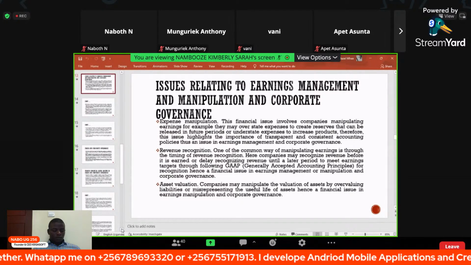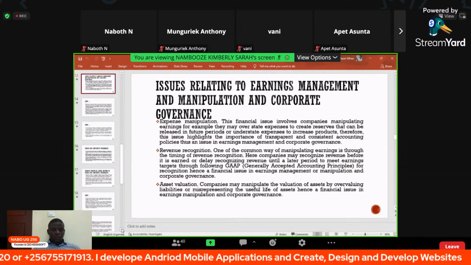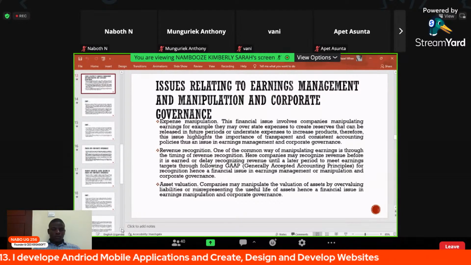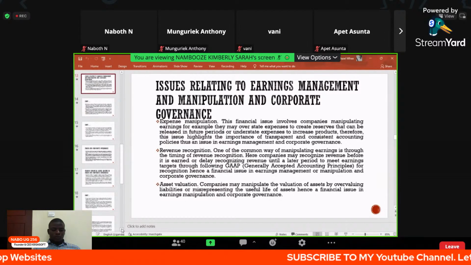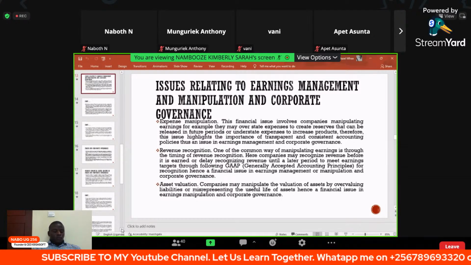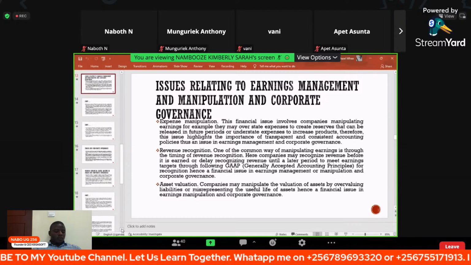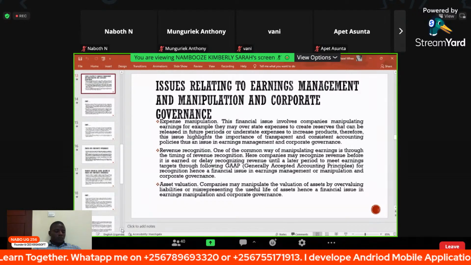Here, if a company is selling products, it can say we have sold this product at this amount, yet in actual sense it is not the amount. So that if the investors are checking the books of accounts, they can see that the company is doing well, yet in actual sense it's not.